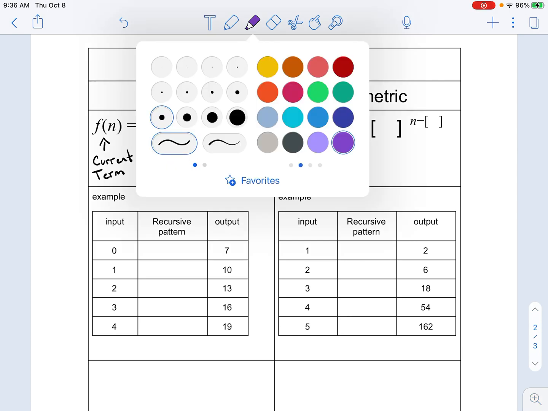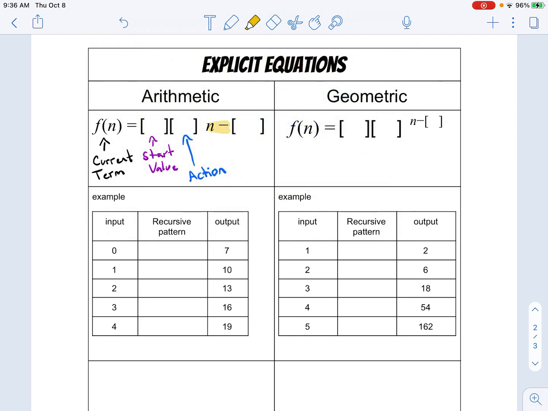And then this part's really important. This part is how does it relate to our n value? Okay, so how does it relate to our n value? If it is n, then we don't have to take anything away. But if it's different from n, so say, relates to start value.